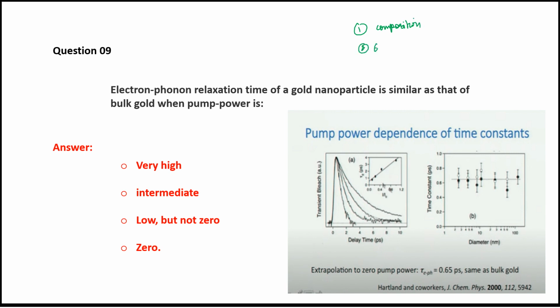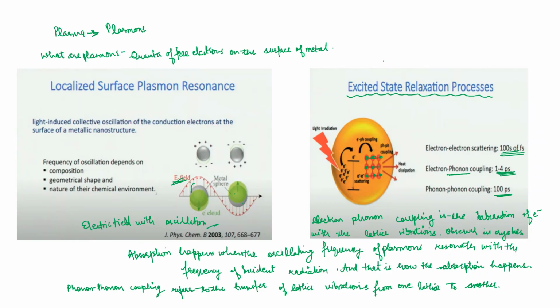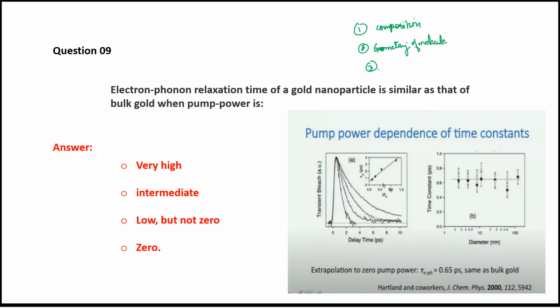The second one is the geometry of the molecule. And the third one is the chemical environment around it. Chemical environment refers to the molecules which are around it.